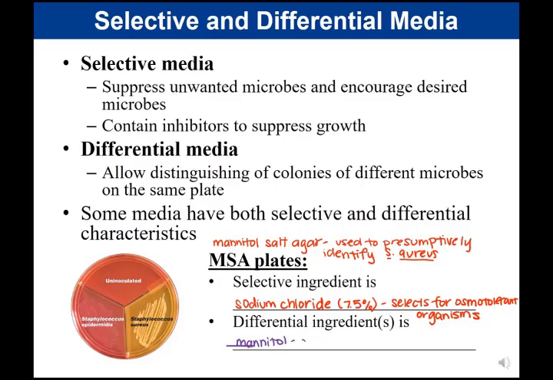Mannitol is a sugar that Staph aureus ferments, but Staph epidermidis does not.